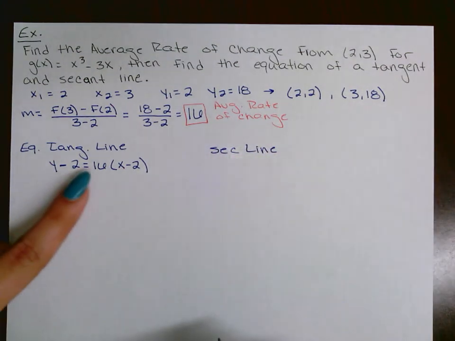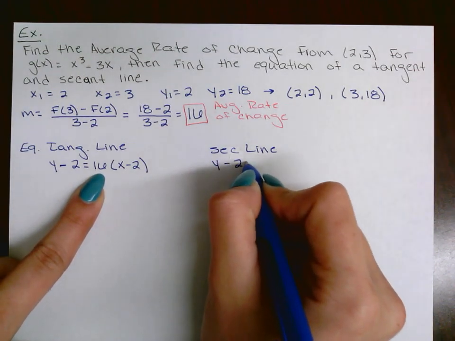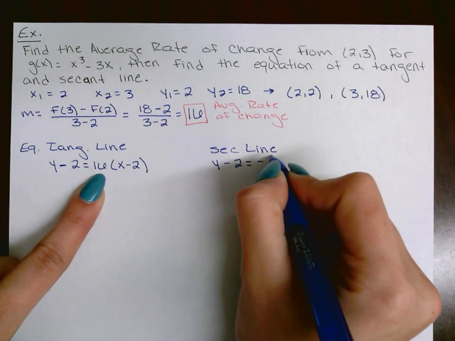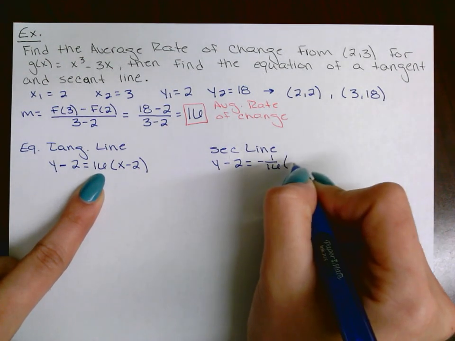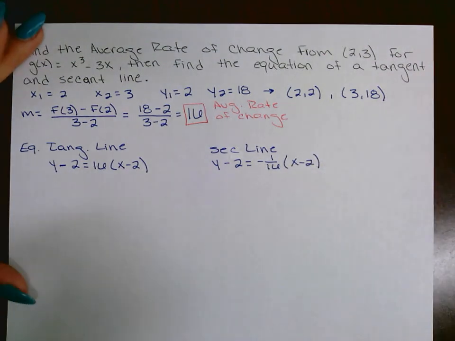Okay? So I would write this exact same thing, but what would I do to that 16? What would I call it? Beautiful. Negative 1 over 16. Okay? And those are your 2 answers.